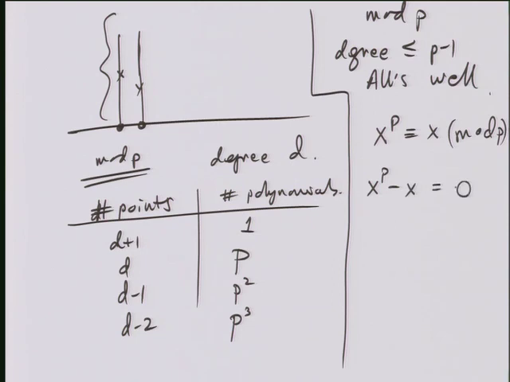Once you have that, you know that x to the power of p minus x plus 1 is the same as the polynomial which is 1. X to the power of p minus 2x is the same as minus x. So you get all these polynomials which turn out to look different, but they are the same. So what's the moral of the story? Stay below p minus 1. Go up to p minus 1, but don't go beyond. If you go beyond, then think very carefully.